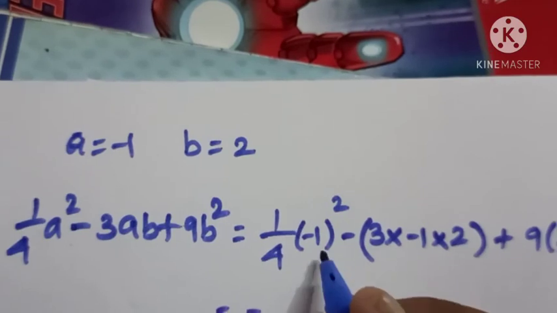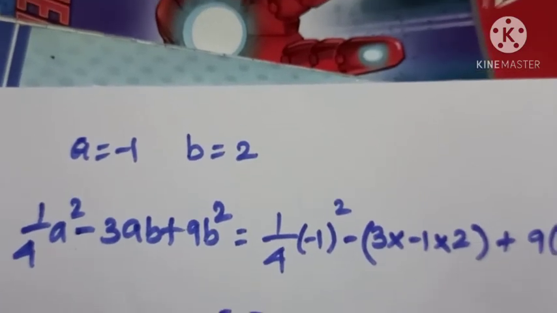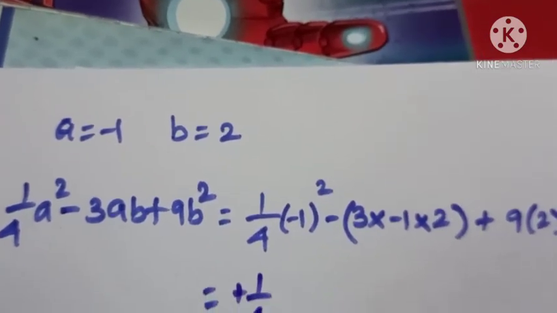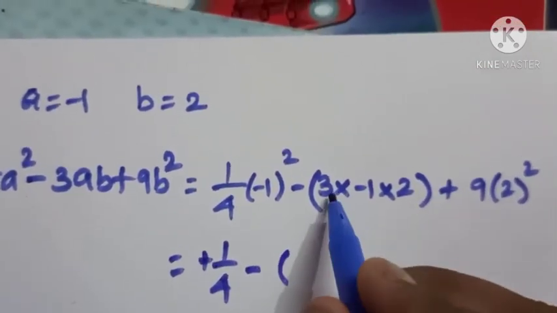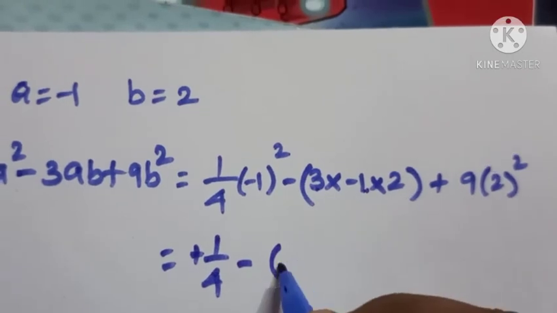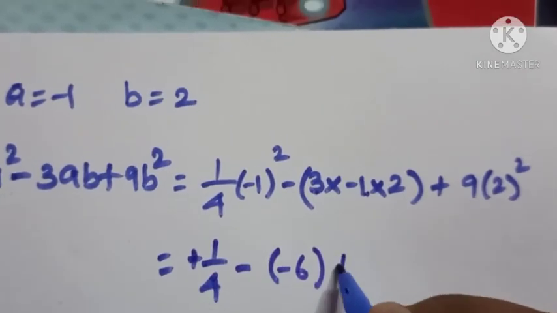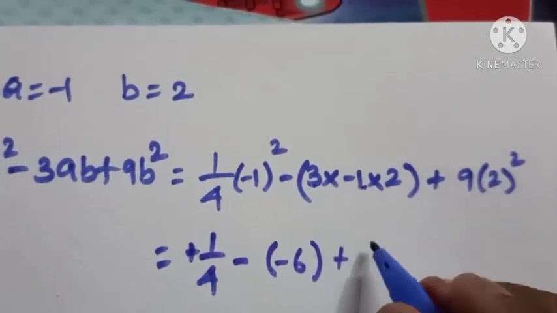So minus into minus, it becomes plus. So 1 into 1 by 4, it becomes plus 1 by 4. Okay, so minus of 3 ones are 3, 3 2s are 6, that is minus 6, plus 2 2s are 4, 4 into 9, 36.